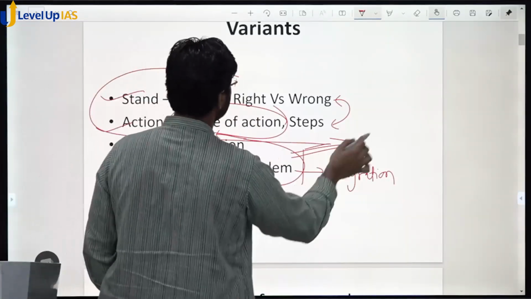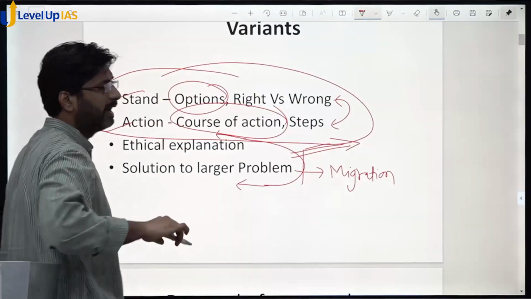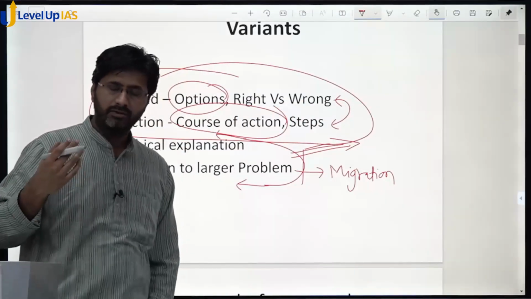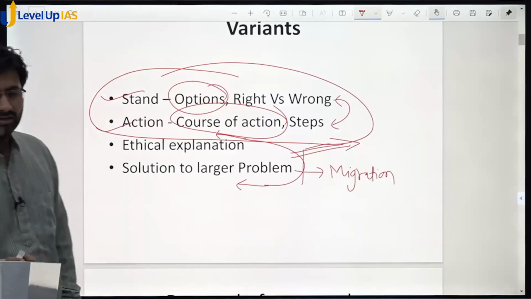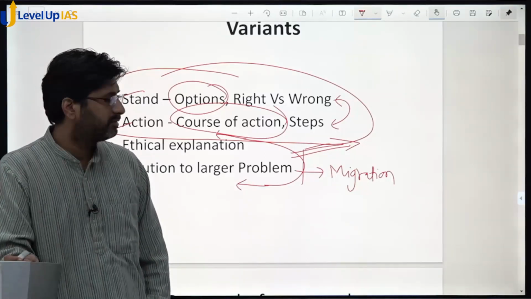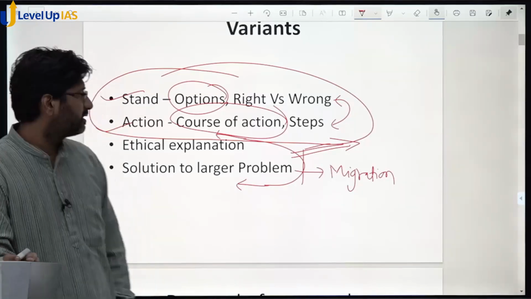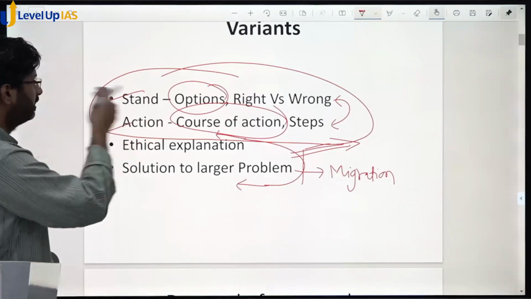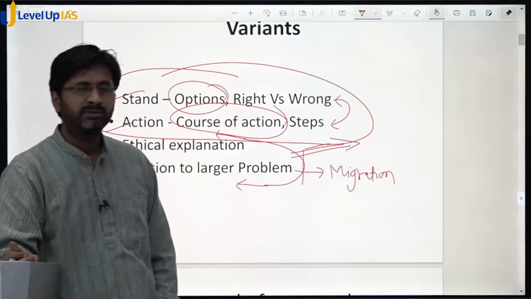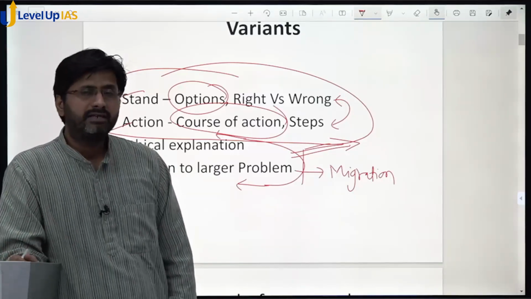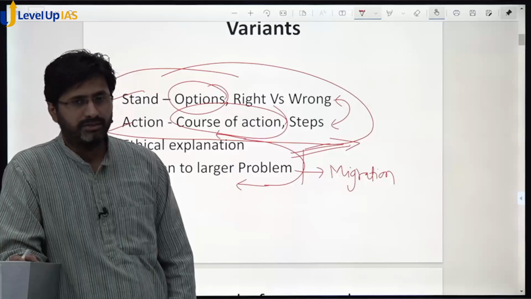But clear-cut hardcore case study means these two, where your stand is important and your action is important, and sometimes action and stand both are important, depends on how they have formulated the question. Because even if it is an option, there is a connection between the two. Even if it is about an ethical option, every ethical option would have some course of action.